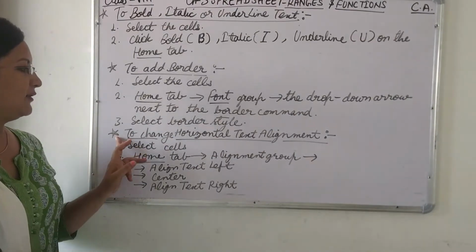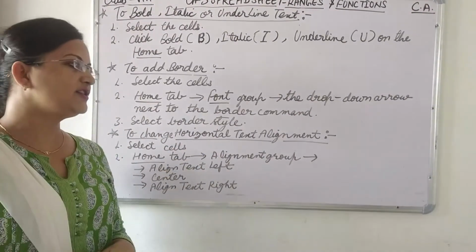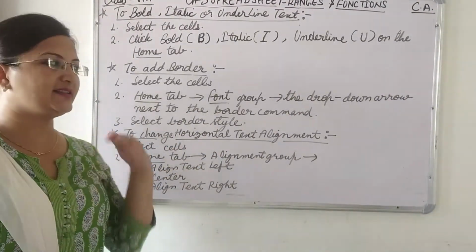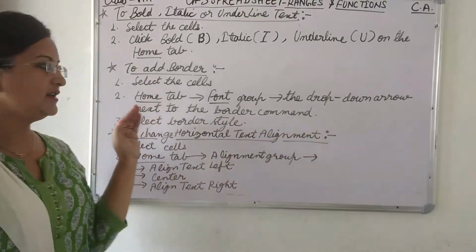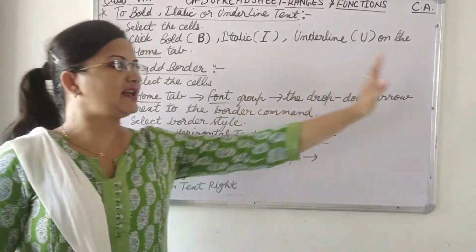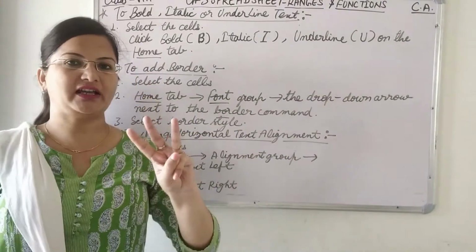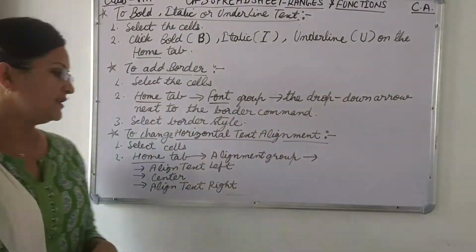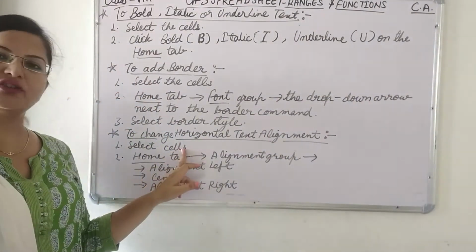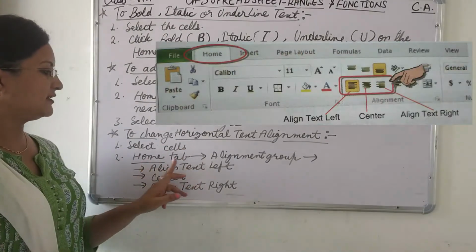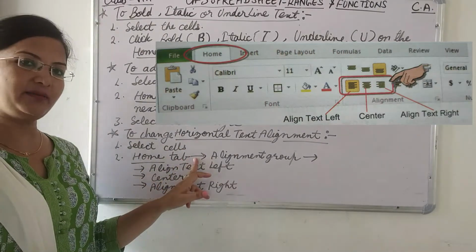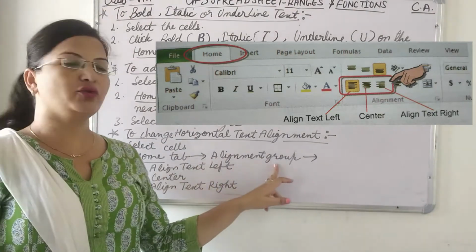Now to change horizontal text alignment, horizontal means this is horizontal. So left alignment, center alignment and right alignment. So there are three types of horizontal alignment. For that you have to select the cell. After that you have to click on home tab in the ribbon, and then go to alignment group.